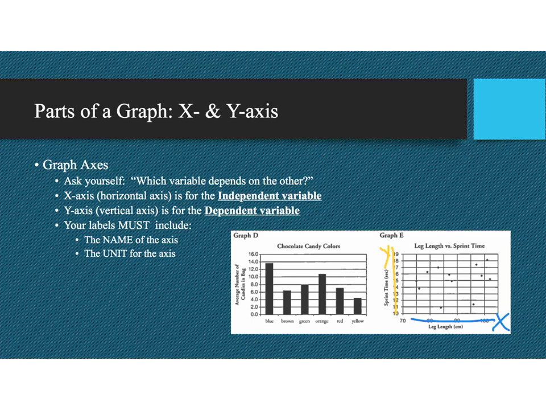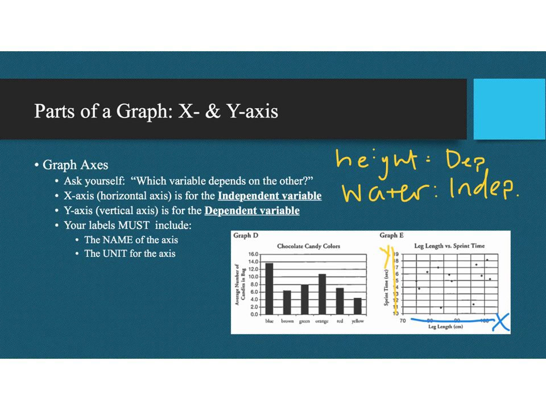So to figure out which one you're going to label, you need to ask yourself which variable depends on the other, right? So remember, in our plant versus water, the plant height depended on the amount of water. So in that case, we had the height, which was the dependent variable, and the water, which was the independent variable, right?